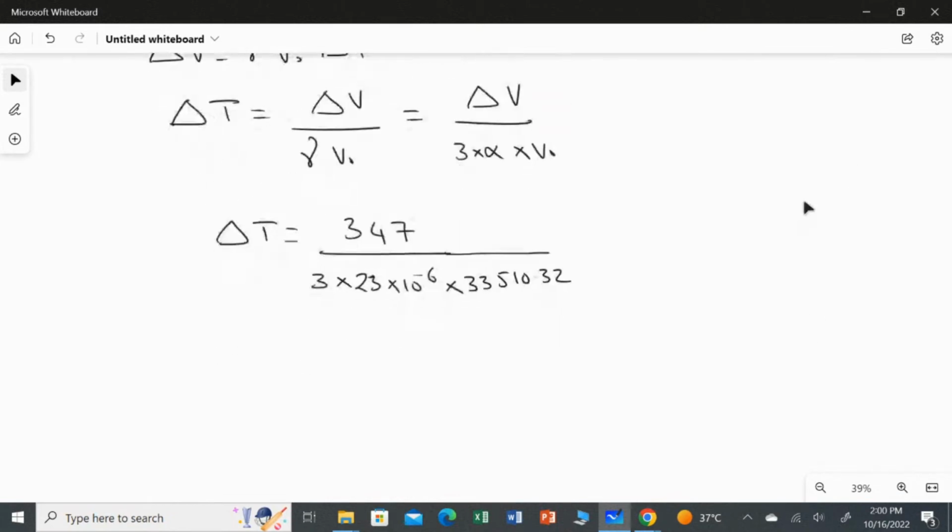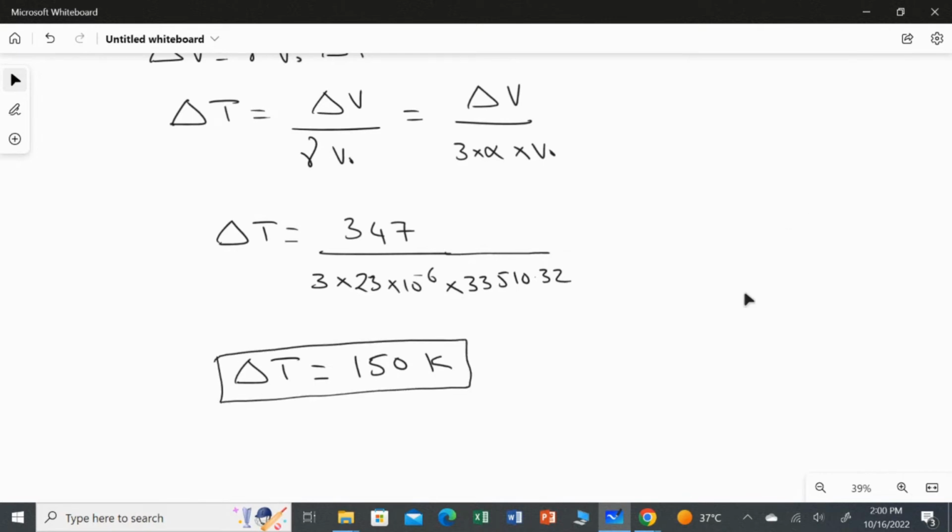Now we are going to calculate all these things to get the value of the change in temperature. 347 divided by 3 multiplied by 23 multiplied by 10 to the power of minus 6 multiplied by 33510.32 gives the answer of 150. What's the answer? 150 Kelvin. So what's the value of the change in temperature? 150 Kelvin.